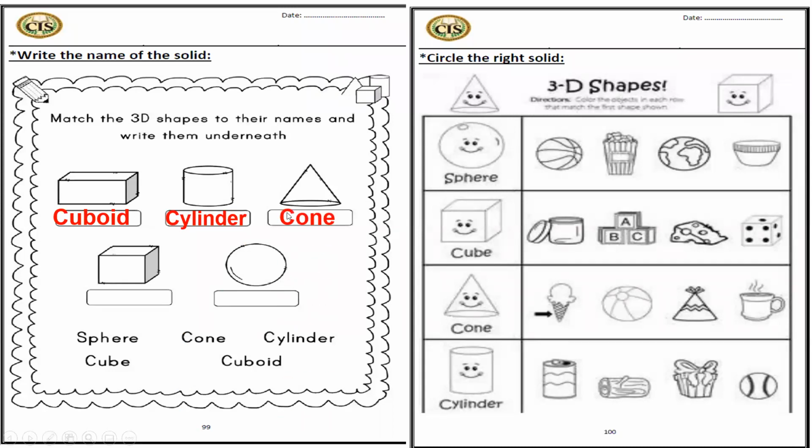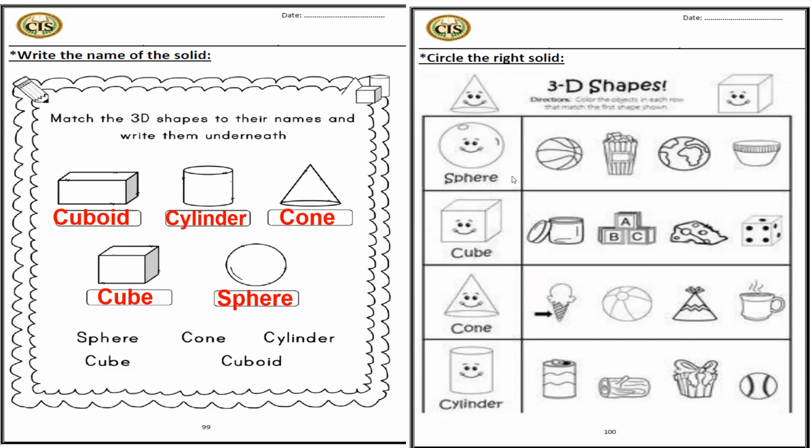The third shape is cone. Then what is this shape? Excellent, cube. And the last one, sphere. Excellent, Muhammad, very good.